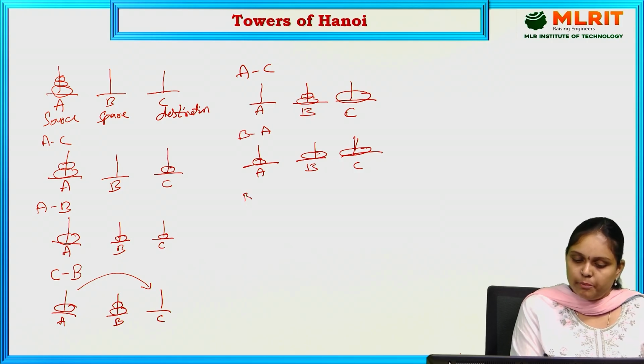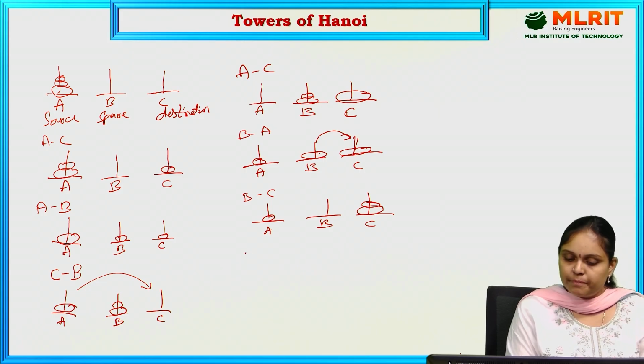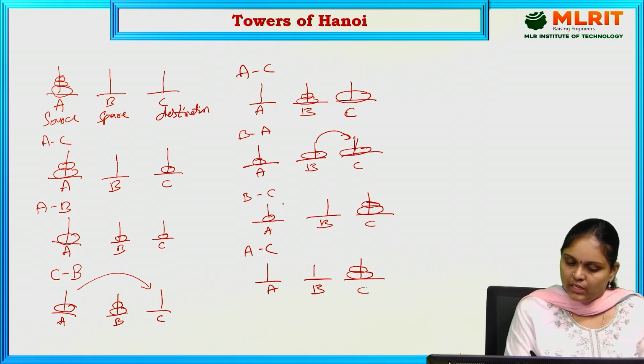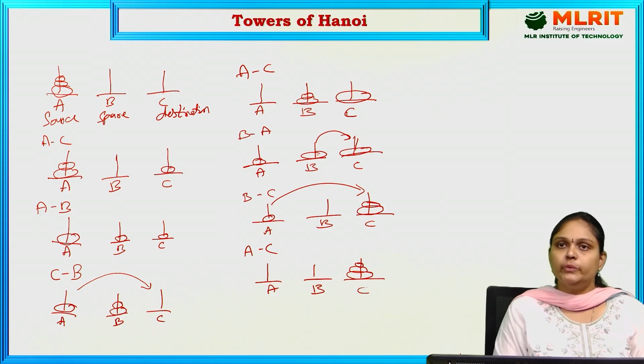And next, B to C. In A we have the smaller one, B will be empty, and in C we have the larger one, and the medium one in B we are moving to C. And the last step is A to C. So A will be empty, B will be empty, and C will have all 3 disks, as the smaller disk in A we are moving from A to C.